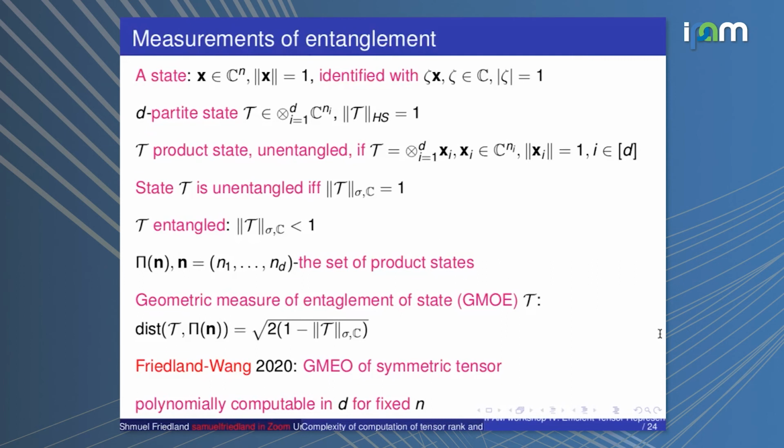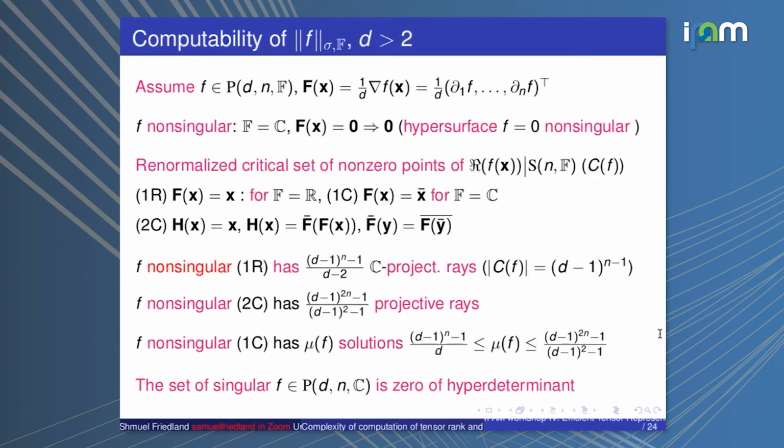David, please, next slide. Okay, let's assume that F is a homogeneous polynomial of degree d, F is real or complex, and we take the gradient of F, and because of Euler's theorem, we normalize by 1 over d. We say that F is non-singular, as a non-singular hypersurface in projective space of dimension n minus 1, if and only if the system of polynomial equations gradient of F(x) equals 0 has only one solution, x equals 0, and x equals 0 is not in projective space.